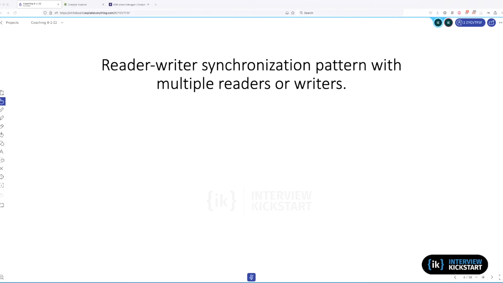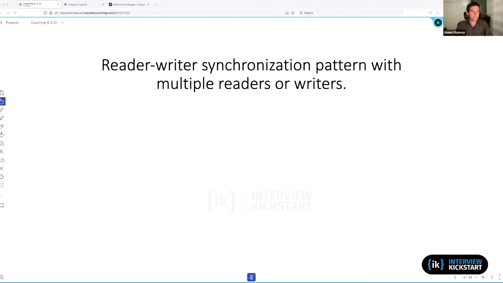Actually, yeah, I think I get the gist of the synchronization if it's one reader and one writer. I'm trying to wrap my head around this, even though I've used it; this is the first time I've conceptualized it.